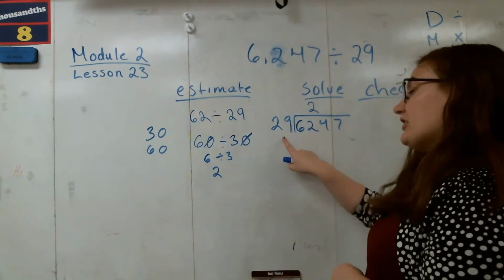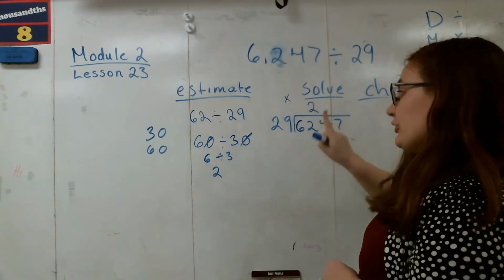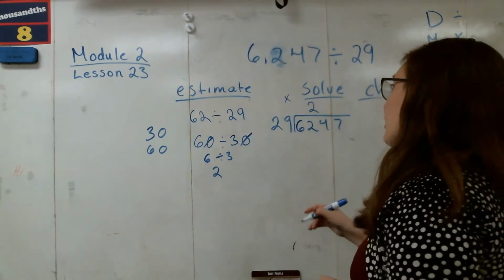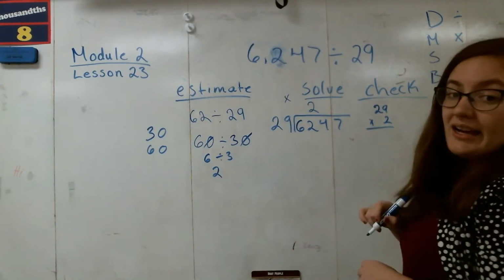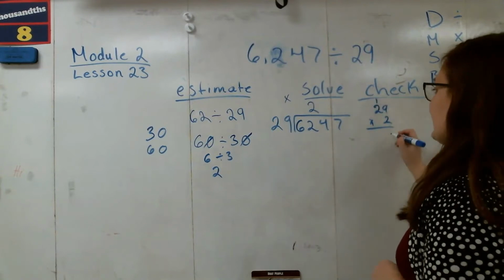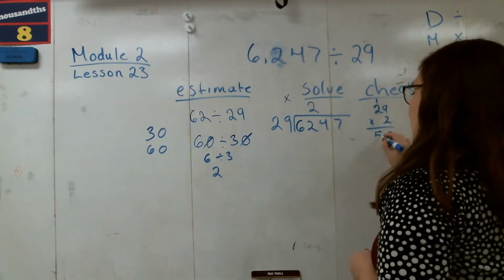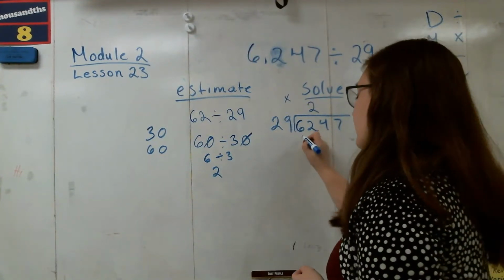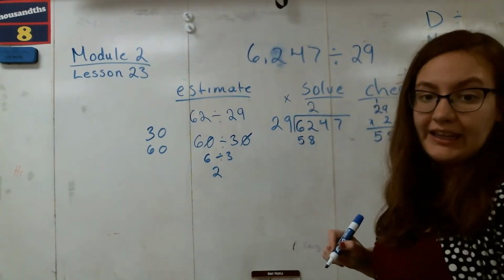So now what I need to solve for is 29 times 2, and I need to put that number right here. So off to the side, I'm just going to write 29 times 2. 9 times 2 is 18, and 2 times 2 is 4. 4 plus 1 is 5, which gives me a product of 58. So this number goes right here because 29 times 2 is 58.